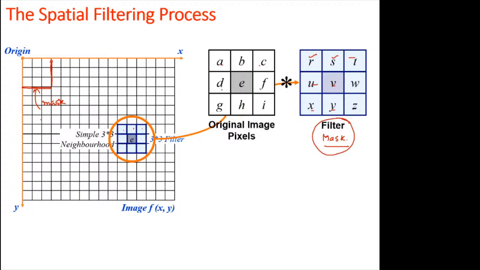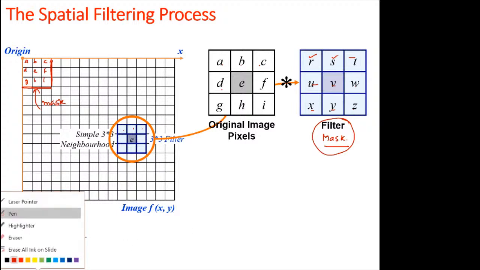So there are intensity values A, B, C, D, E, F, G, H, I. And then there are the filter mask values.